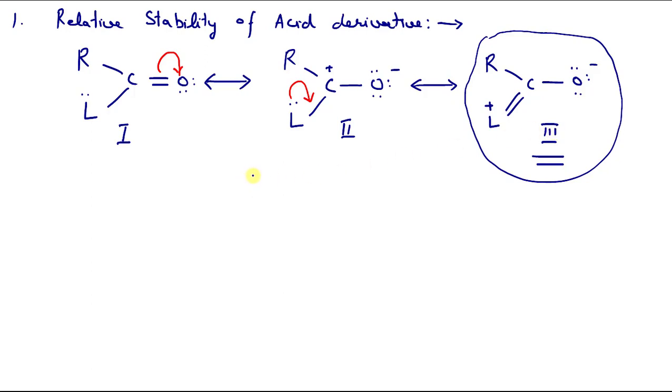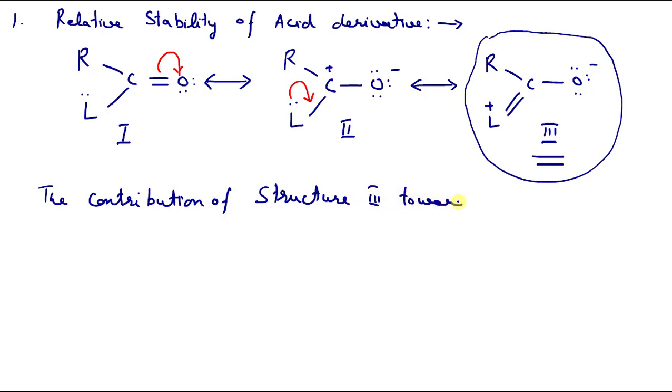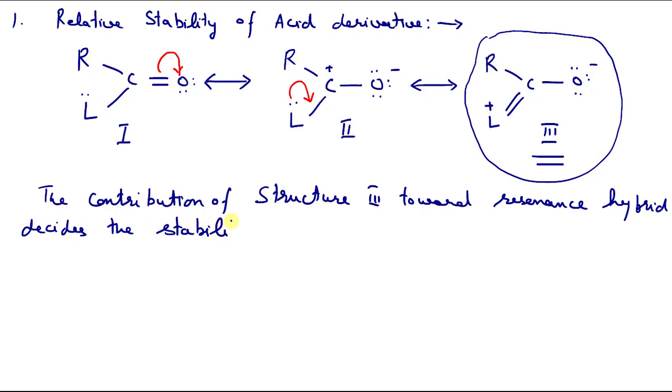The contribution of structure 3 towards the resonance hybrid decides the stability of the acid derivative.